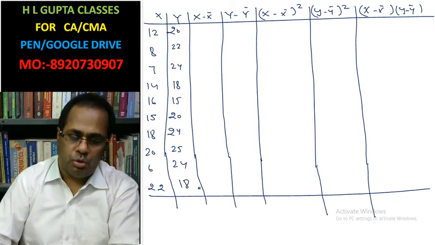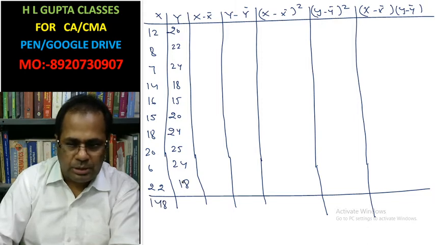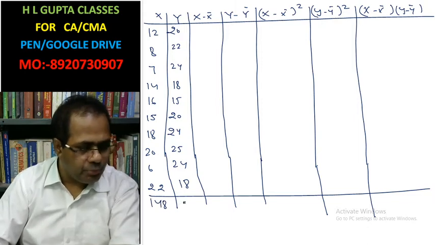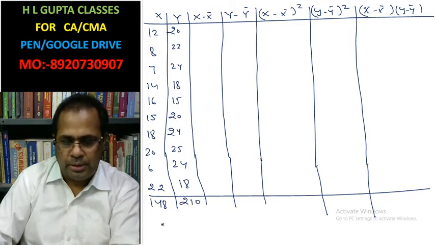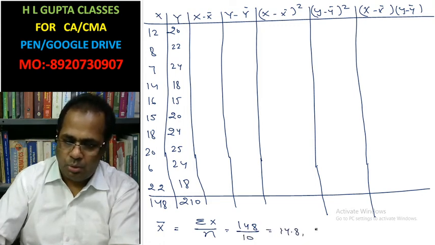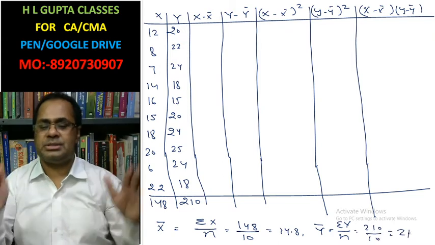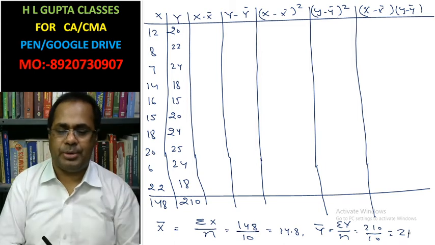Now look here, the total of x is 148 and the total of y is 210. Now x bar is calculated as summation x divided by n: 148 divided by 10 equals 14.8. Y bar is summation y divided by n: 210 divided by 10 is 21. This is a simple way of calculating x bar and y bar.